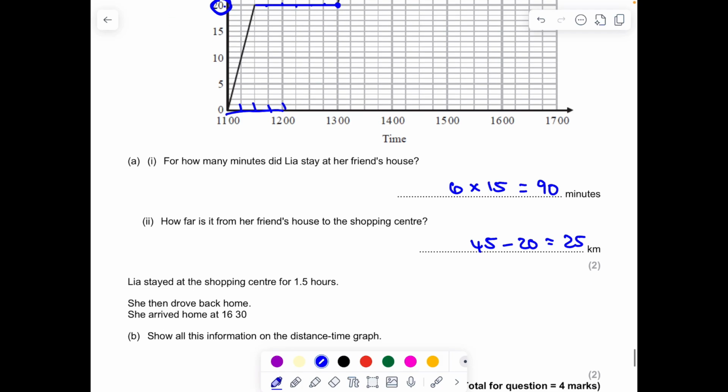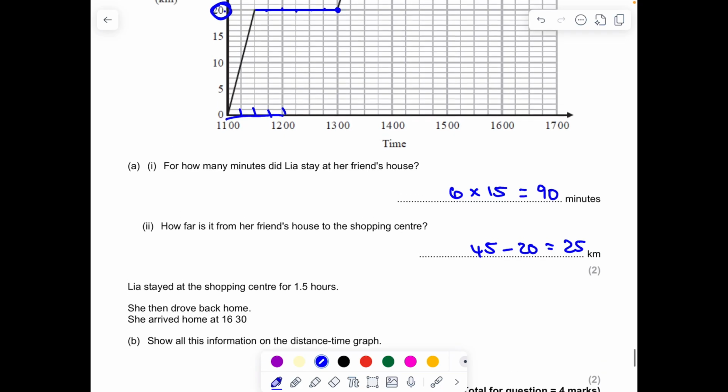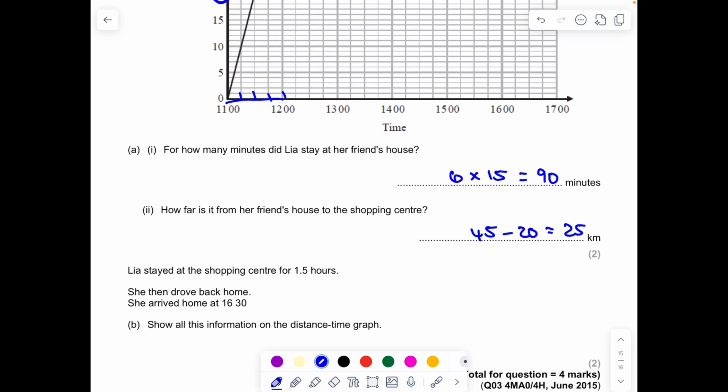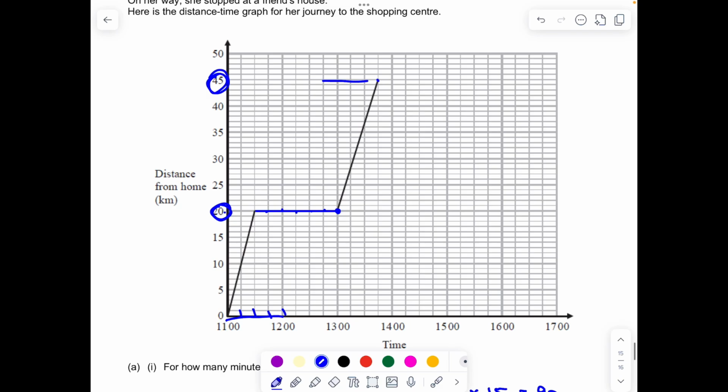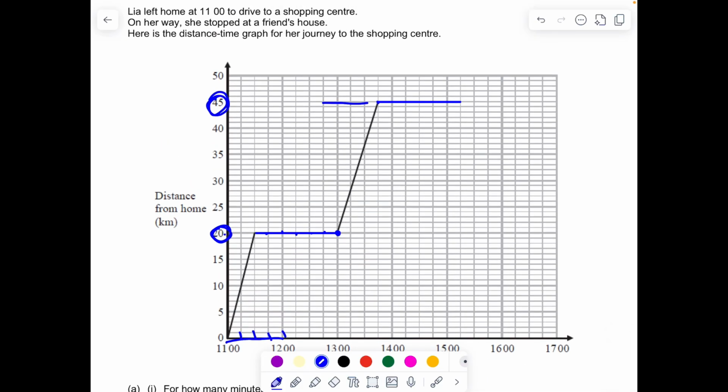Now we just need to end it. So Leah stayed at the shopping centre for 1.5 hours. So we need to go half an hour, an hour, and then... Actually, I think I've done that wrong.